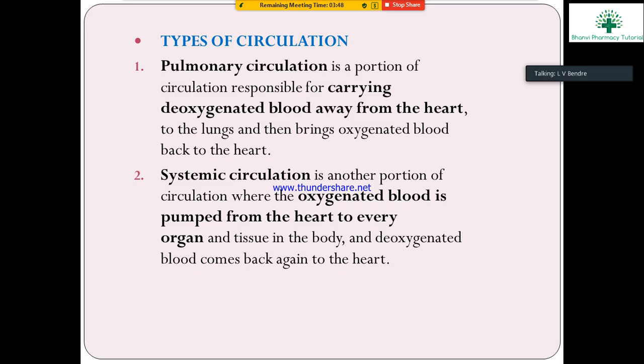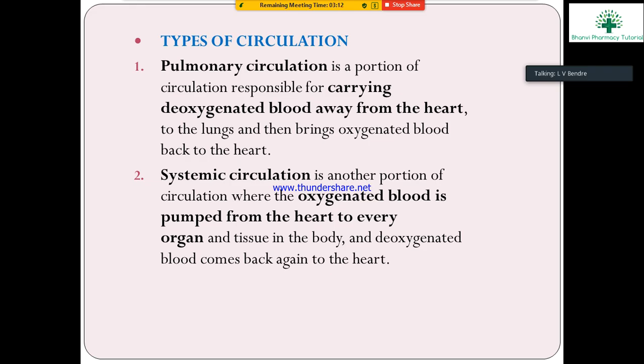Pulmonary circulation is the portion of the circulation responsible for carrying deoxygenated blood away from the heart to the lungs, and then bringing oxygenated blood back to the heart. When hemoglobin concentration increases, the oxygen carrying capacity increases. The lungs then bring oxygenated blood back to the heart.